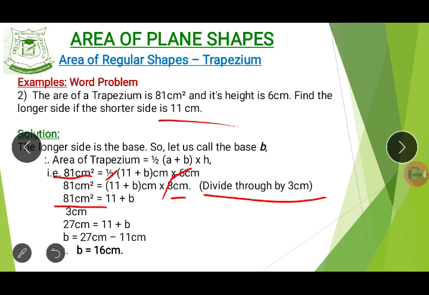All right, so 3 in 81 will give us 27. So we have 27 centimeters equal to 11 plus b. So making b the subject of the formula, 11 crosses to the other side and becomes minus 11. So 27 minus 11 will give us 16 centimeters. Therefore our b is 16 centimeters. That is how the base is gotten.